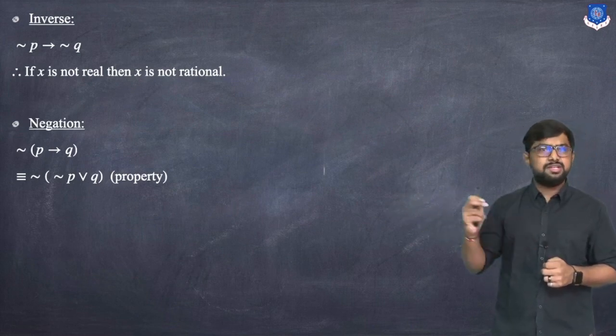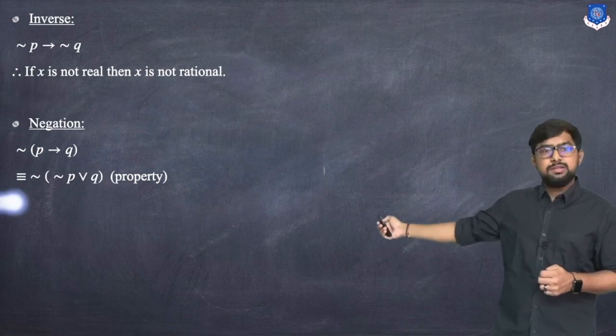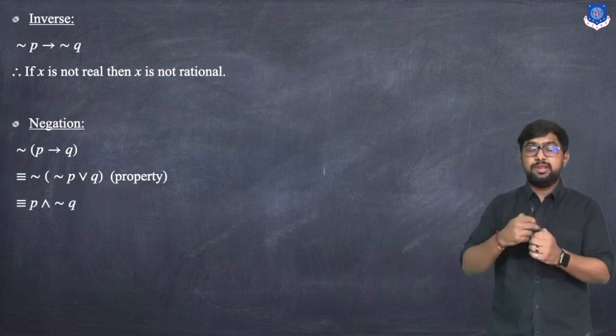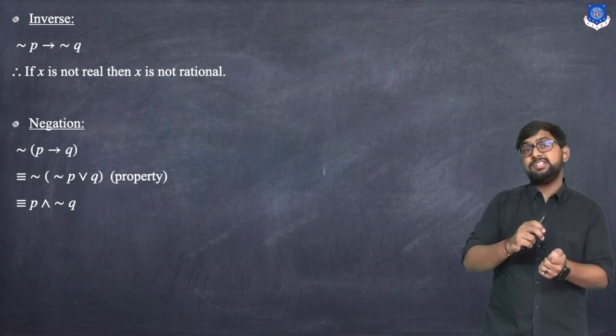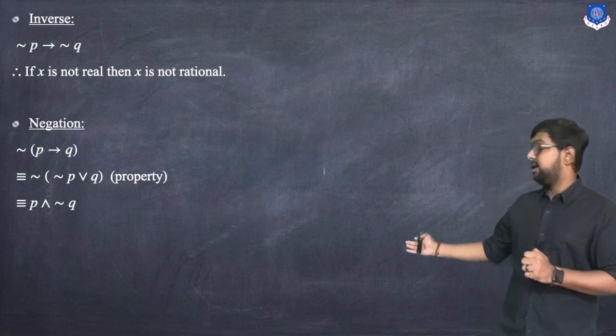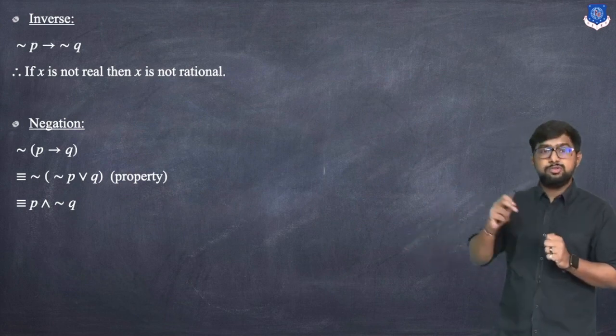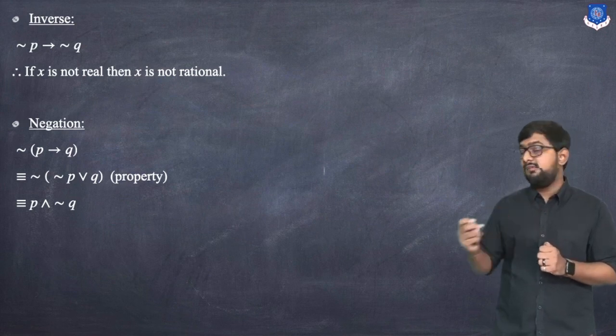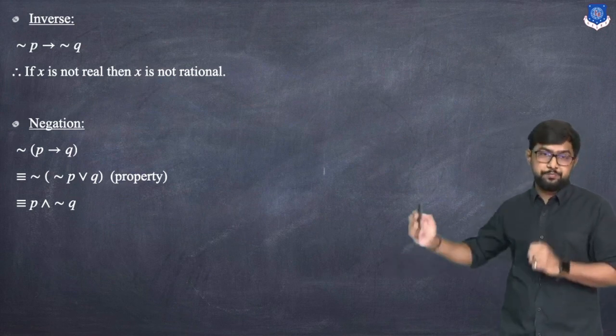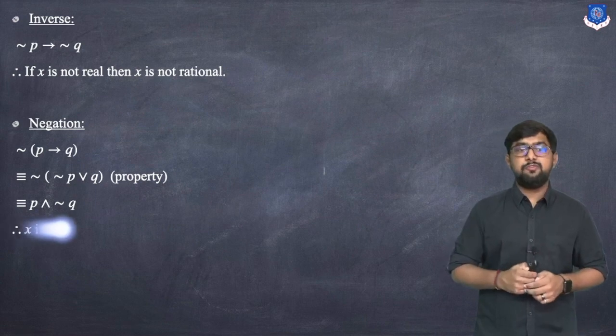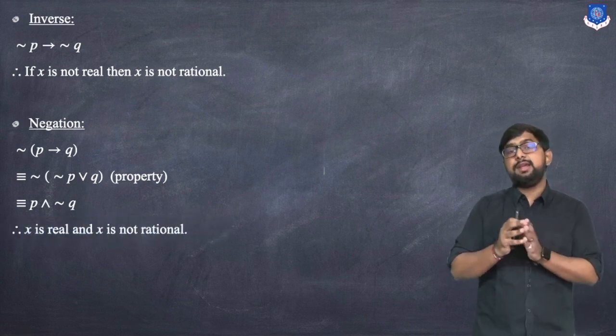Whenever the negation is in the bracket, you get not of not P, which is P, and the negation of "or" is "and," and the negation of Q is not Q. So that means this is equivalent to P and not Q. Okay, so what will the statement form be? X is real and X is not rational.